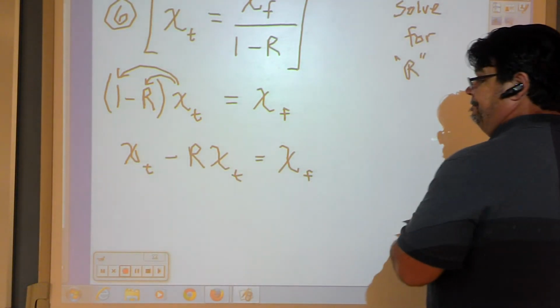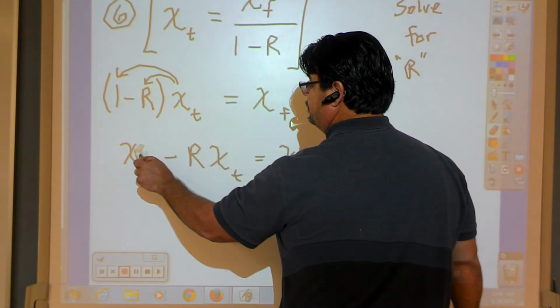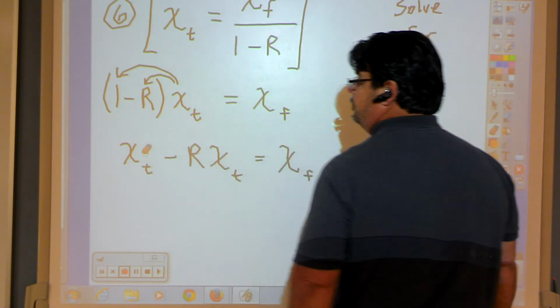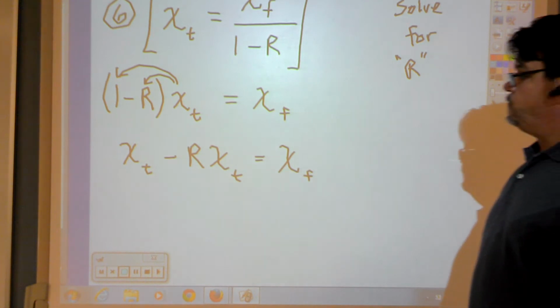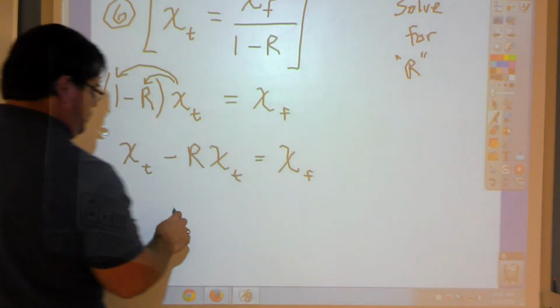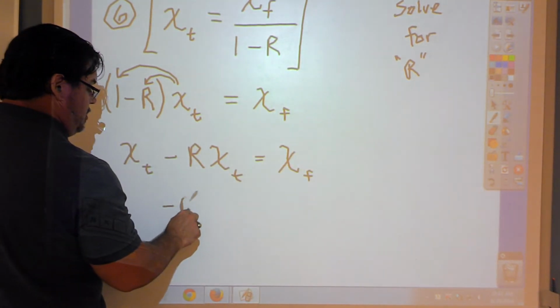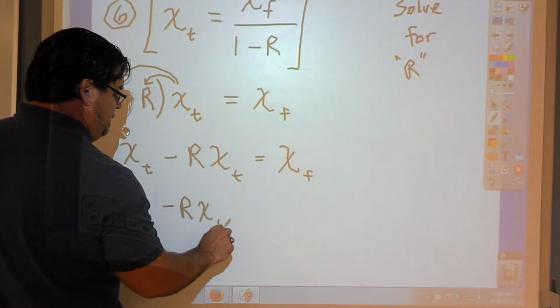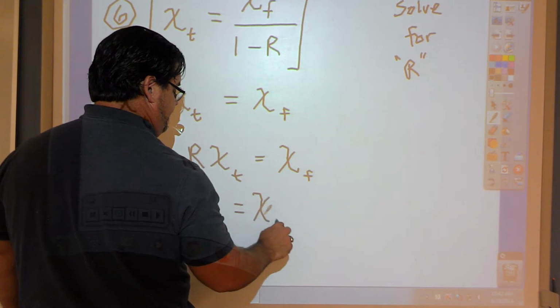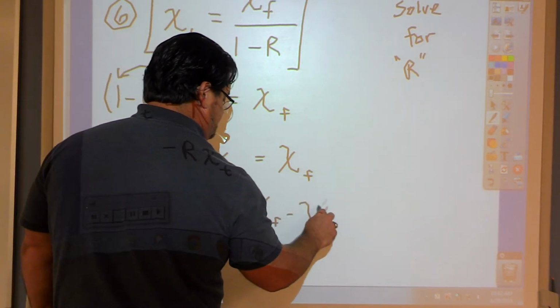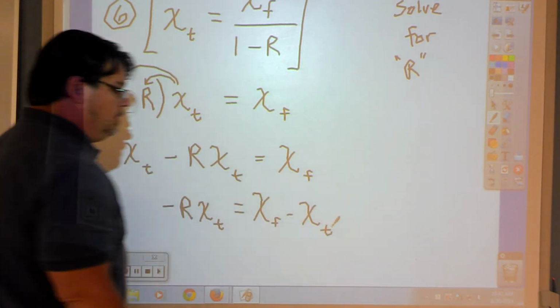Now what? Common terms. Get the x of t on the other side. So that's going to give you negative r x of t is equal to x of f minus x of t. Now what?